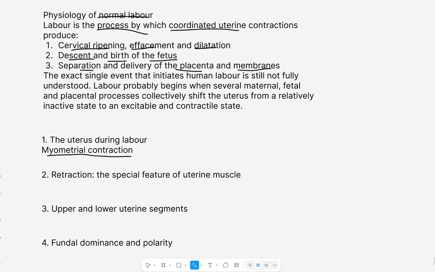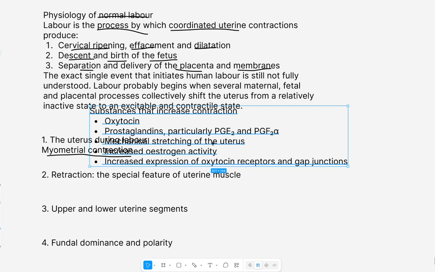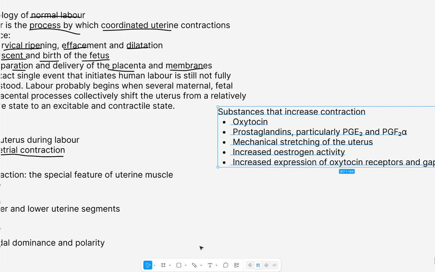Okay, now there are some substances that increase the contraction of the uterus. Basically, oxytocin, prostaglandins (PGE2, PGF2 alpha), mechanical stretching, estrogen activity, and increased expression of oxytocin receptors and gap junctions. All of these different mechanisms basically increase this contraction.